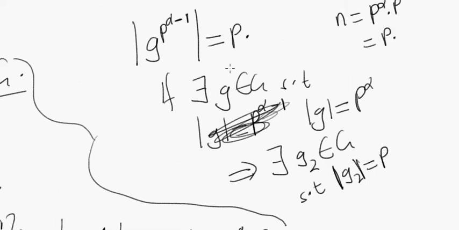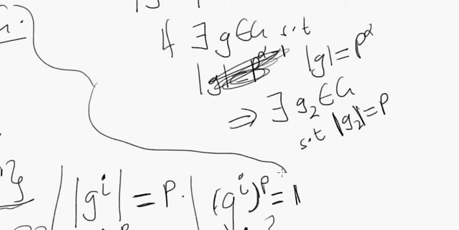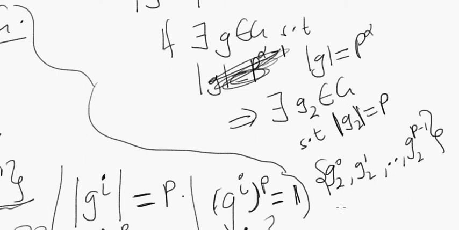Here maybe we're setting g2 equals g to the p to the alpha minus 1. If this is true, then isn't g2 to the 0, g2 to the 1, all the way up to g2 to the p minus 1 a subgroup of G that has order p?